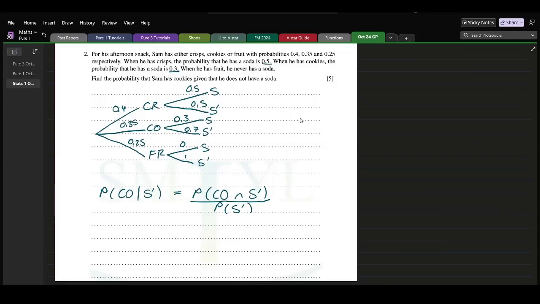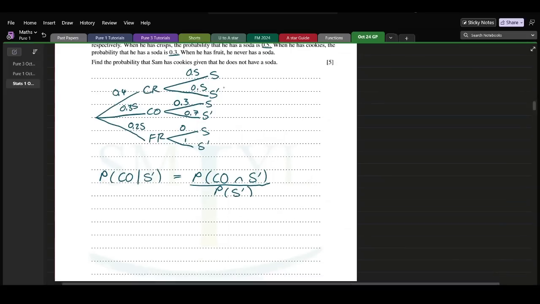Let's start by finding the probability that Sam has cookies and does not have a soda. So the probability that Sam has cookies is 0.35, and when he has cookies, the probability of not having a soda is 0.7.